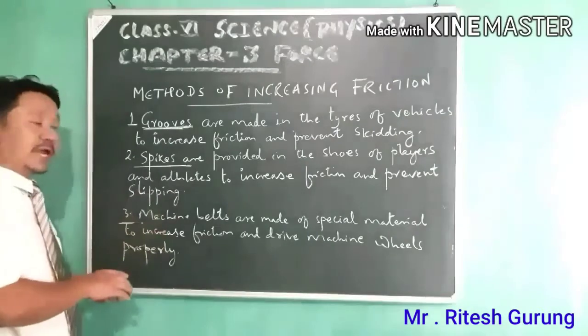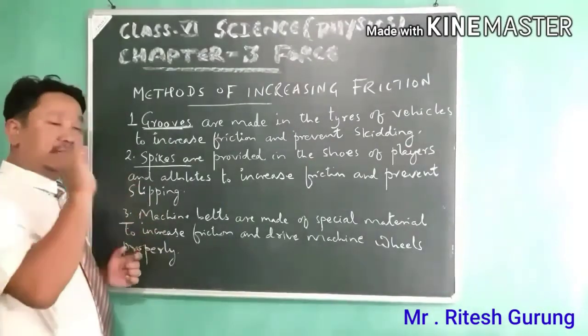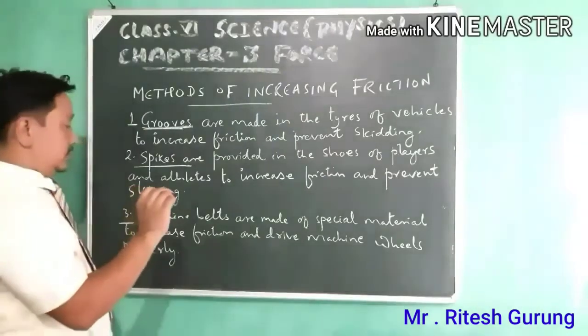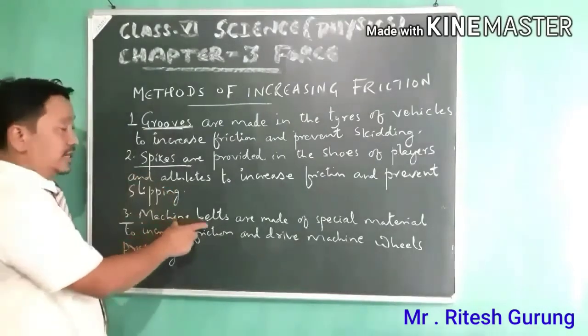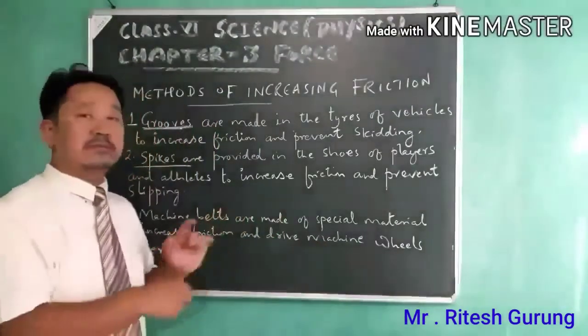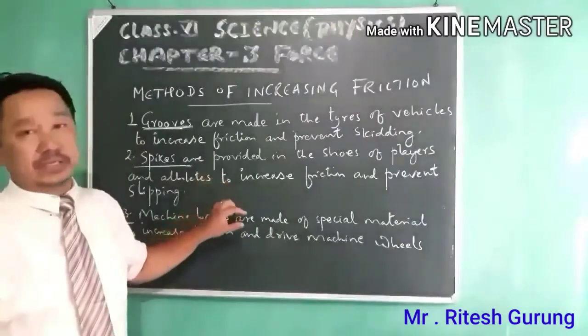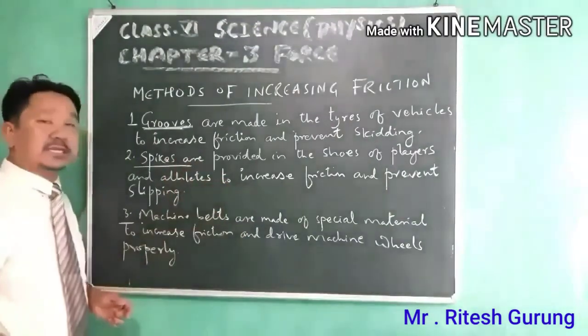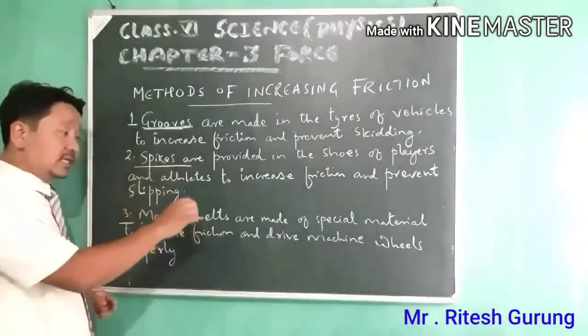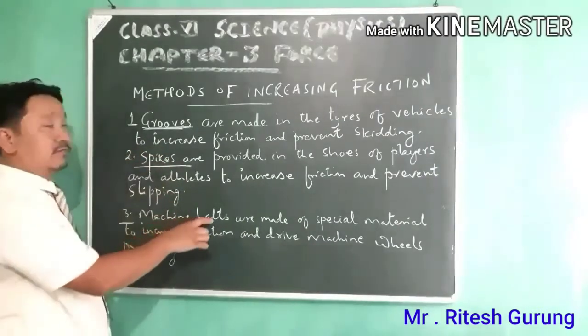Here also we find increased friction between these machine belts and the machine wheels, and they function very properly. It's all because of the increased friction. So the friction in this case increases mainly because of the roughness of the machine belts.